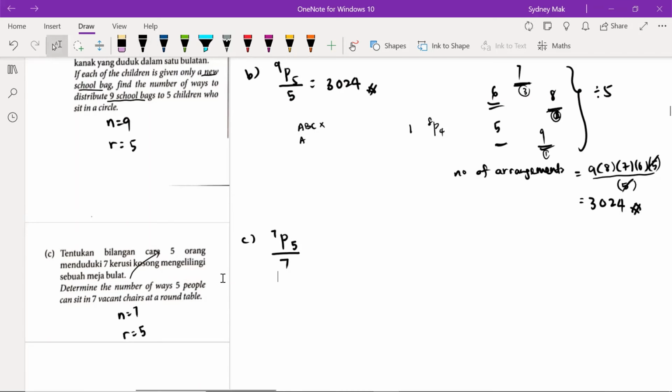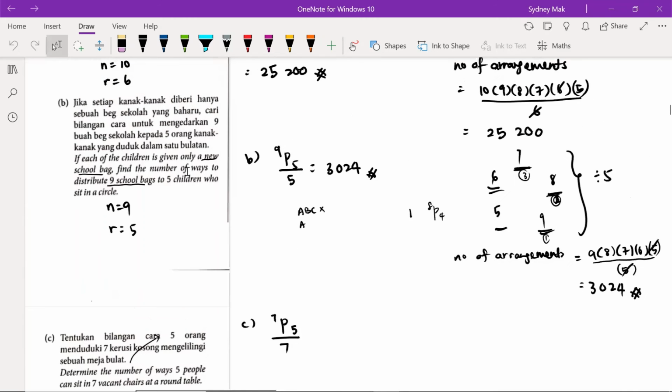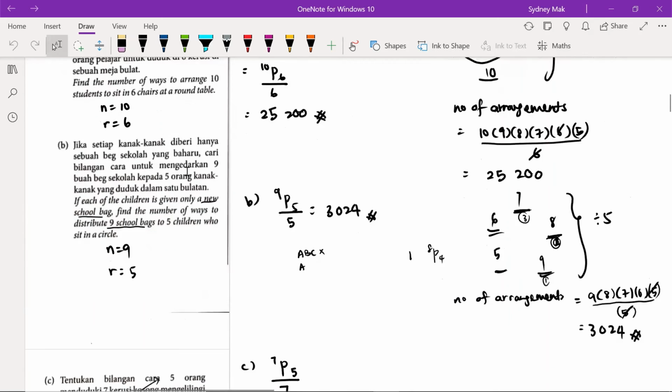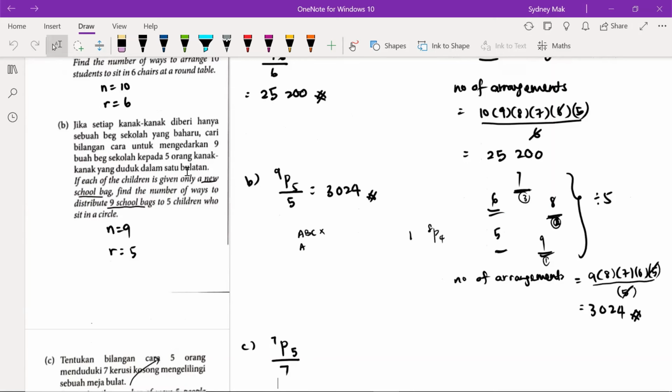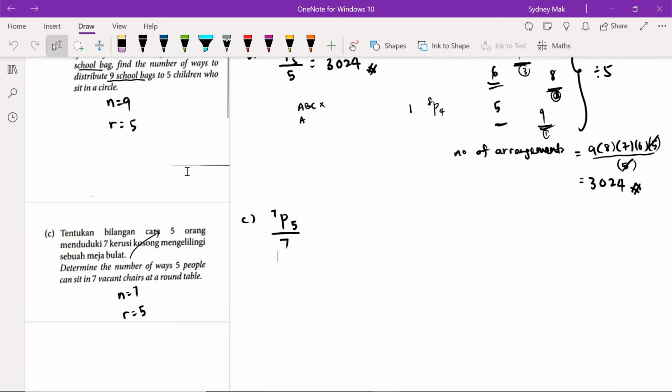In the previous ones, we always divided by r, which is the number of children who sit in a circle. But over here, the ones around the table are the chairs, so we have to divide by the number of spaces around the circle.